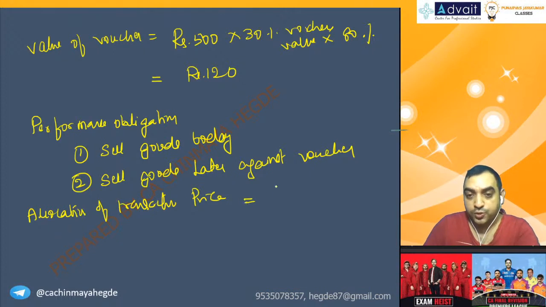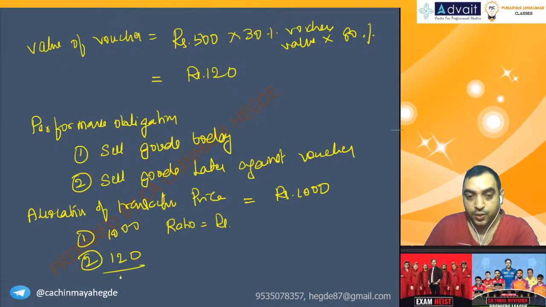The amount received is rupees 1000, and the amount of which is goods sold today is 1000 rupee again, and the value of the voucher is 120. So proportionately ratio wise, this is 1120, and this is thousand. Cross multiply thousand into thousand by 1120.